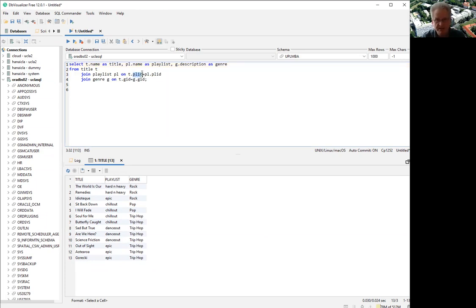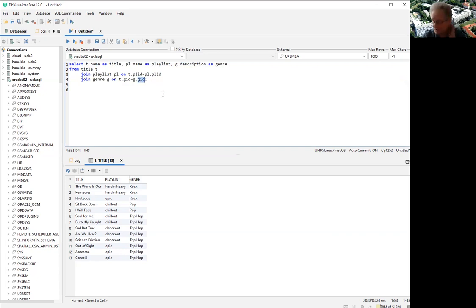Playlist IDs as well as genre IDs are integers, so from a technical point of view, I could say something.PLID equals something.GID. Technically that would be possible, but it would be meaningless because it only makes sense to compare playlist IDs with playlist IDs and genre IDs with genre IDs.